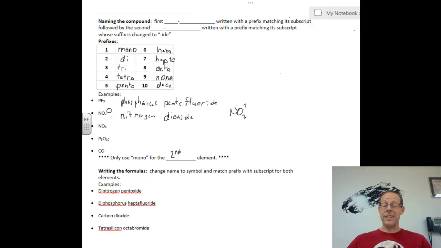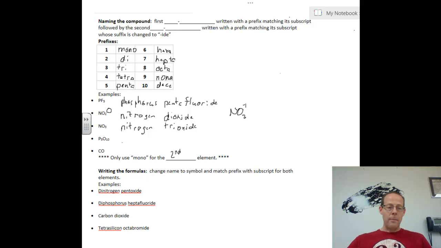So because it's neutral, it's not the polyatomic ion, but it's a compound, nitrogen dioxide. Next one is NO3. Again, not nitrate, because there's no charge there, but this is nitrogen trioxide. Okay, how come? Because there's 3 O's instead of just 2 O's. And I'm sure you can kind of see how this works.